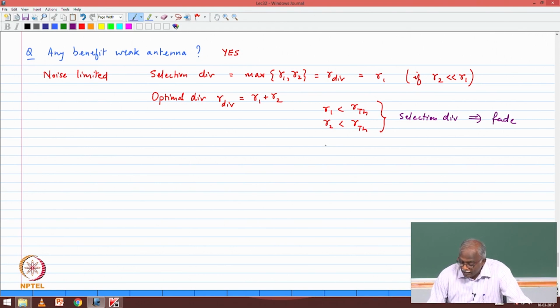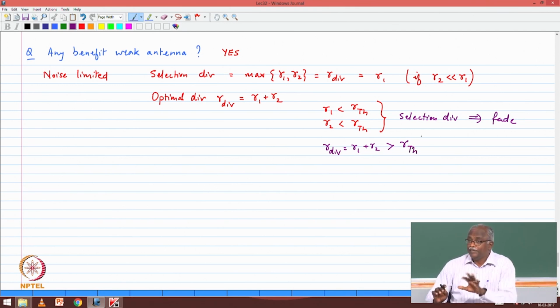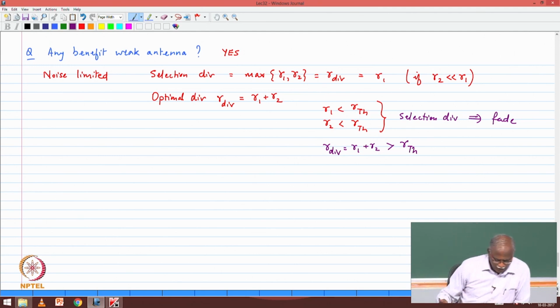But with optimal diversity combining, if I do gamma 1 plus gamma 2, I may be greater than gamma threshold. So even if gamma 2 is very weak, I will not throw it away, because under some scenario it may add a little bit more to the SNR of gamma 1 and make me get some benefit out of that. So that is one aspect that we need to keep in mind.